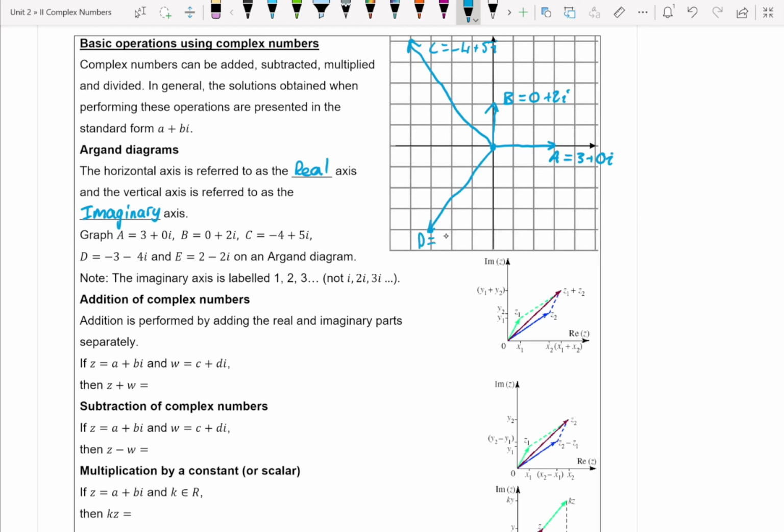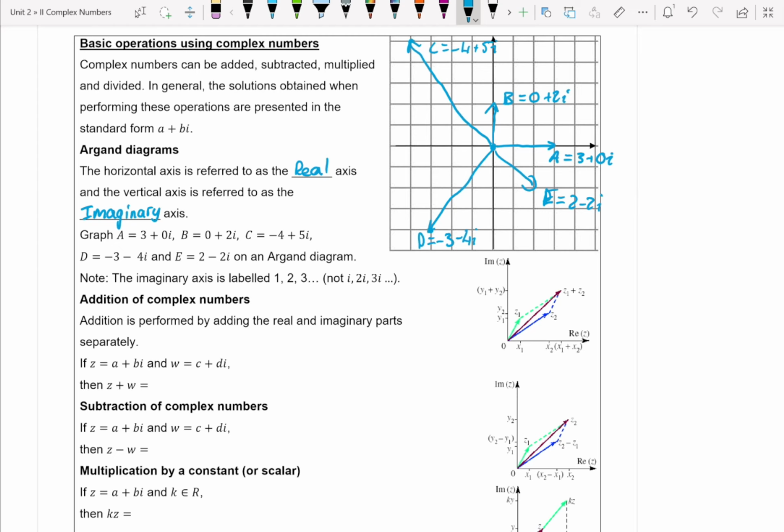That gives us d. And lastly, 2 minus 2i is going to take us over here, and that brings us to e, which is 2 minus 2i.